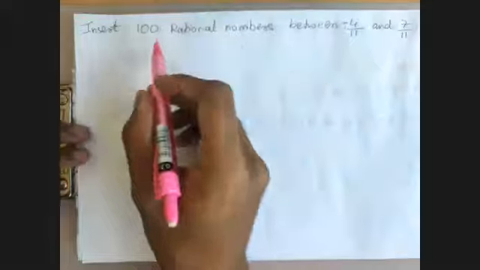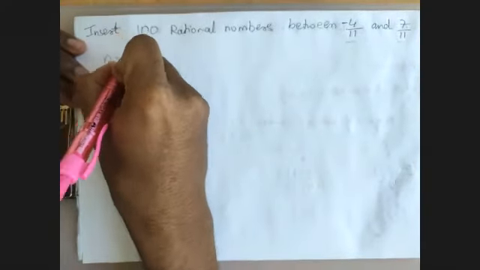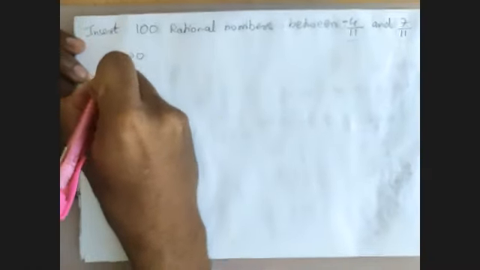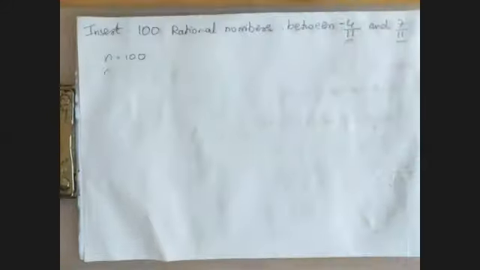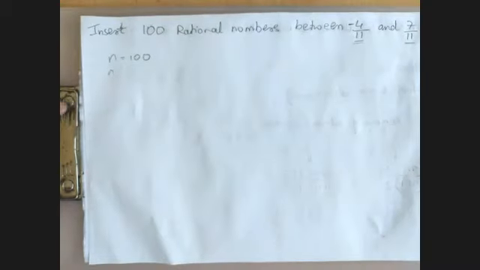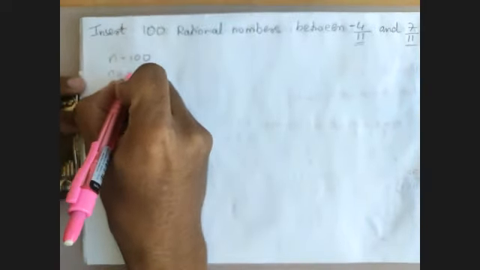Let us insert 100 rational numbers between minus 4 by 11 and 7 by 11 in the second method. So what is n? N is 100. Here the denominator is the same, 11, 11. So I can use the second method. So how do I go about it?